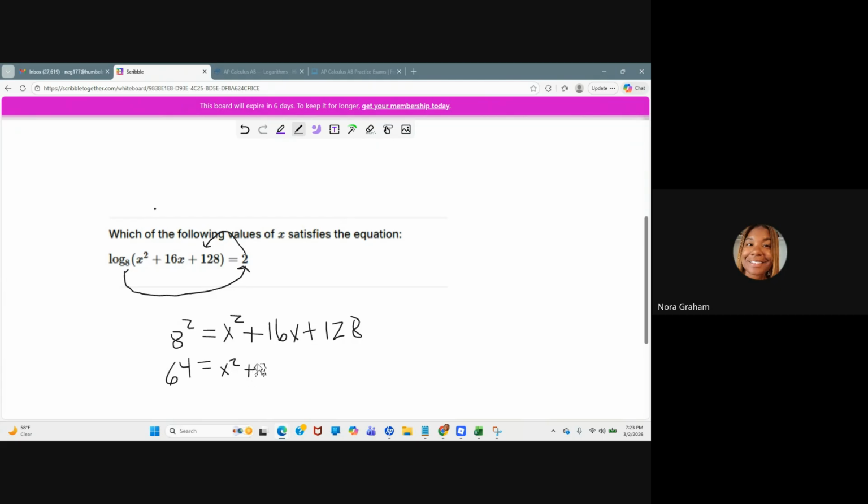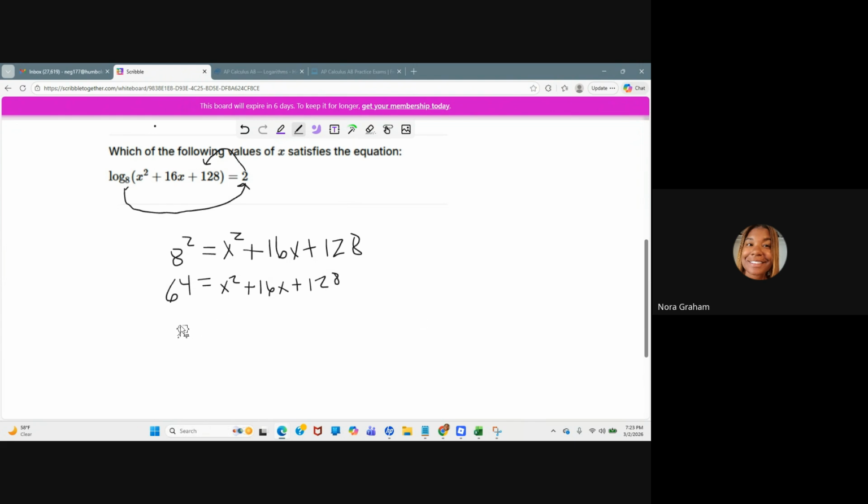Looks like we might have to do some factoring here, which is okay. Going back to our algebra days. Let's subtract that 64 from both sides. Once I get that, this is equal to x squared plus 16x plus 64.